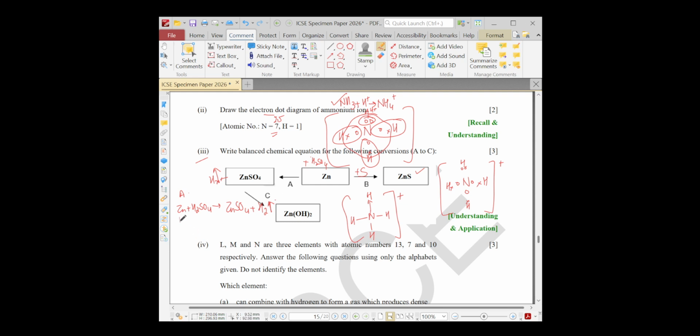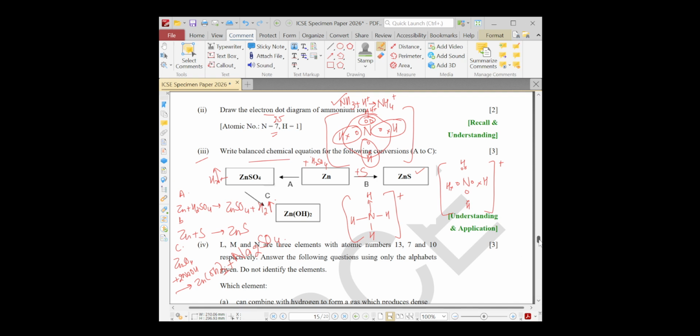For B, zinc plus sulfur will form zinc sulfide. For C, zinc sulfate plus 2NaOH will form zinc hydroxide plus Na2SO4. This is how you're going to write the balanced reaction.